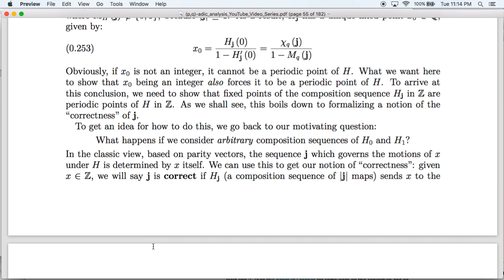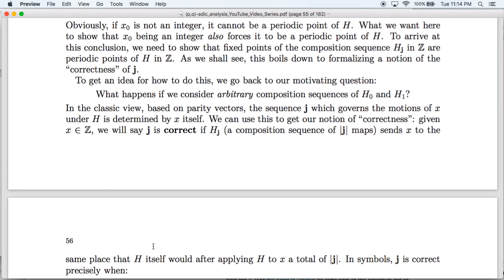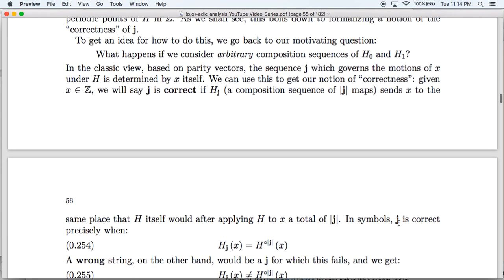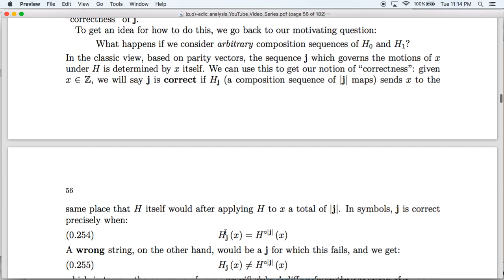Given an integer x, we will say bold j is correct if H_bold j, which, note, is a composition sequence of length |j|, sends x to the same place that H itself would send x after applying H a total of |j| times. In symbols, bold j is correct precisely when H_bold j of x is equal to H composed |j| times of x.